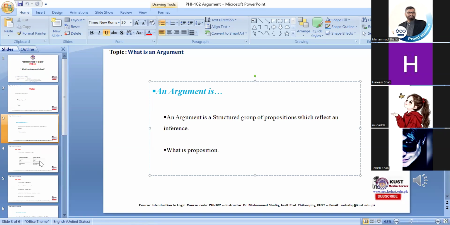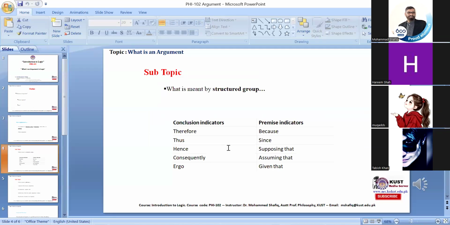Now, what is meant by a structured group?